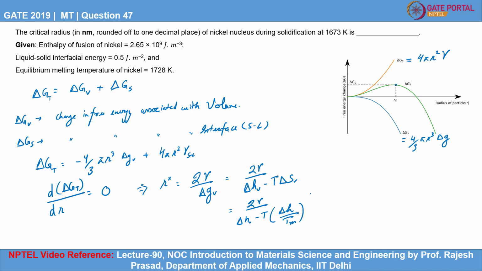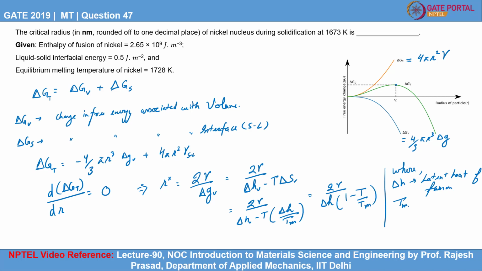Okay, so this can be written as delta H into 1 minus T upon Tm, where delta H is latent heat of fusion, Tm is melting temperature, gamma is solid liquid interfacial energy. So we will use this expression to compute the value of critical radius.